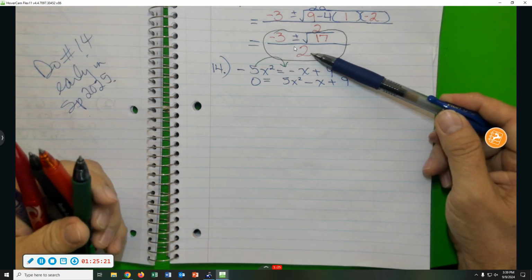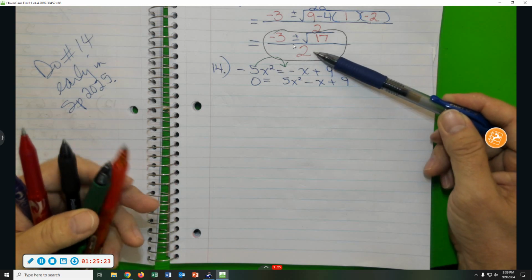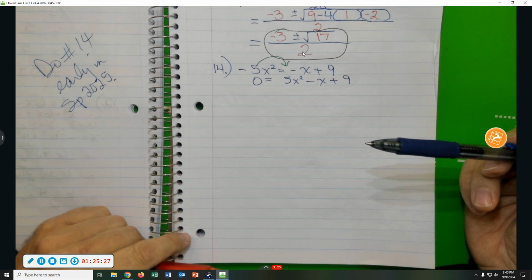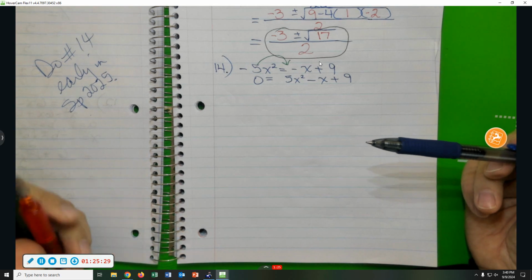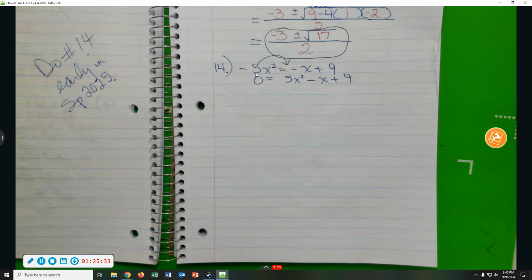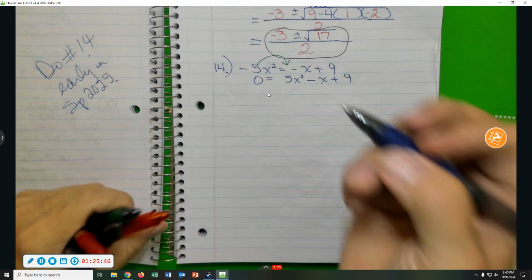You'll never see a negative number in the bottom of a fraction in a final answer. If you had left a as negative 5 in the 2 times a, you've got a whole new problem to deal with. Your answer should never have a negative denominator. And so, let's identify a, b, and c.